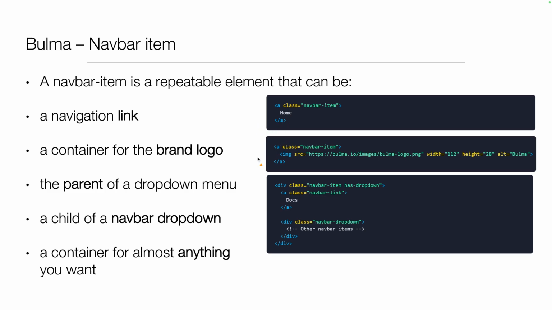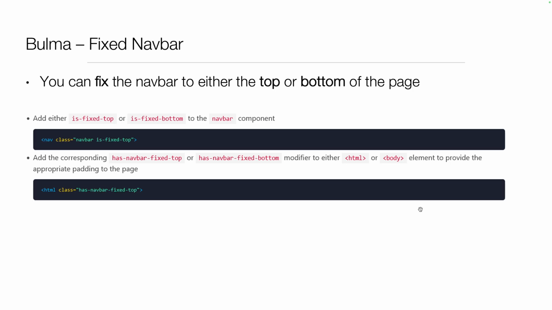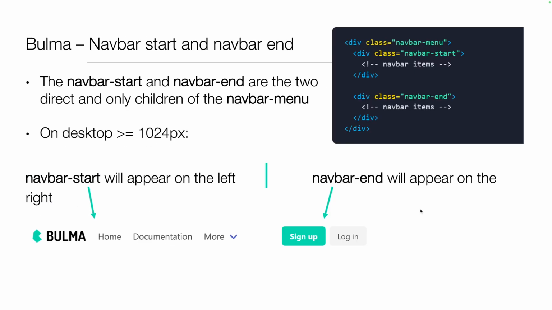We can use items, I guess, for the brand logo. And we have a class of navbar link, and we have a class for navbar dropdown. So if I just go back, that's how you get a dropdown here. You're going to use your navbar dropdown, and there's styles specifically to work within the navbar itself.